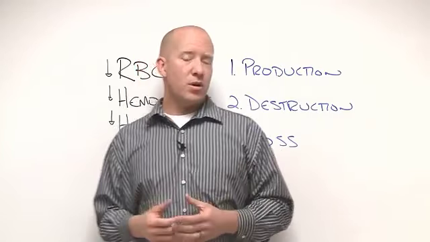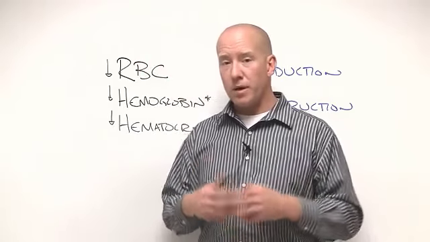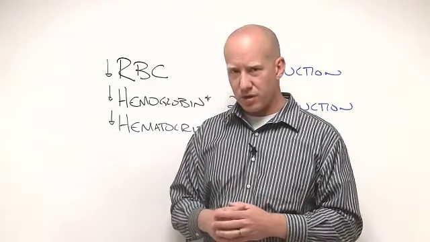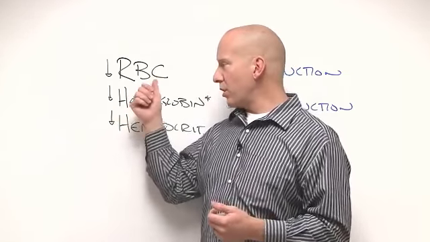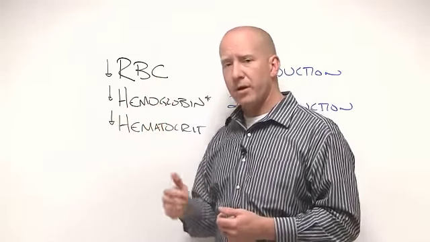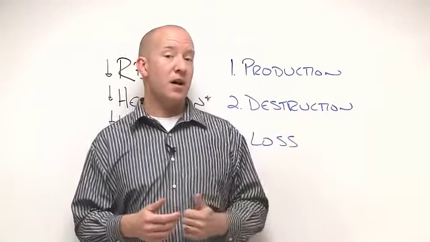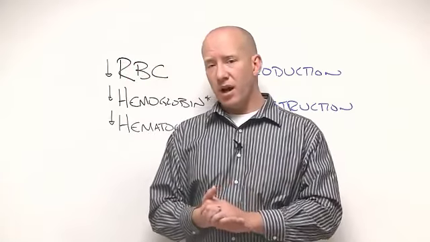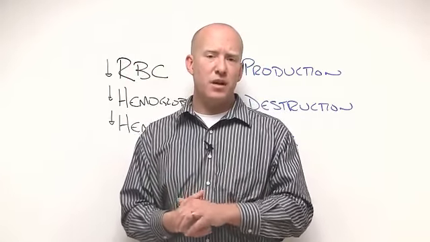Now, loss can also occur from excess bleeding in other individuals, like in men or menopausal women who no longer have their menstrual cycle. And if a male or a menopausal woman has low red blood cells, hemoglobin, and hematocrit, it has to be considered that if it's not production or destruction, maybe it's loss. And the largest area of loss in either men or menopausal women is some kind of gastrointestinal bleed.